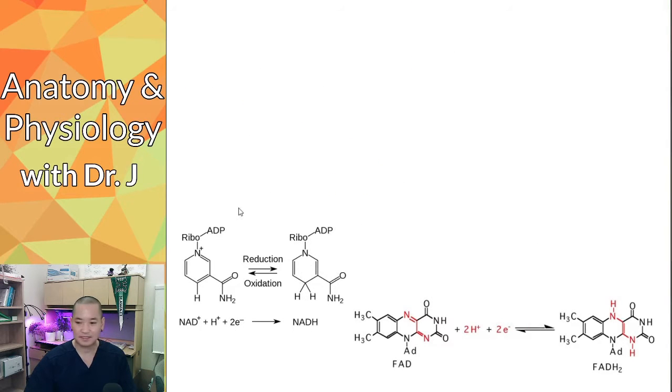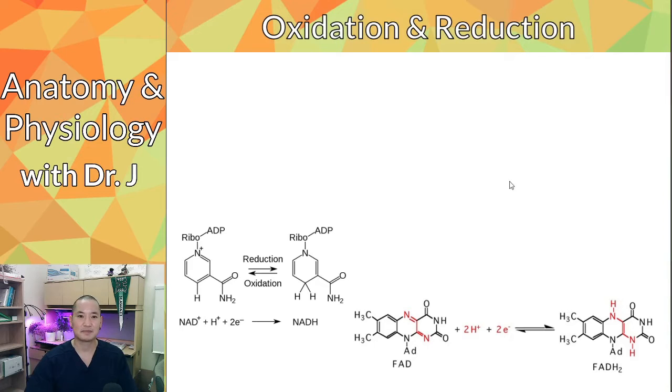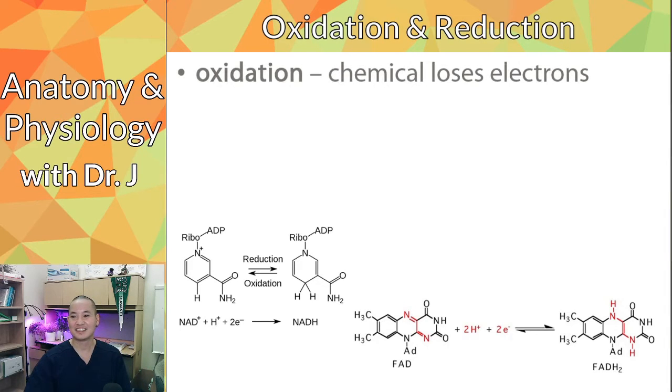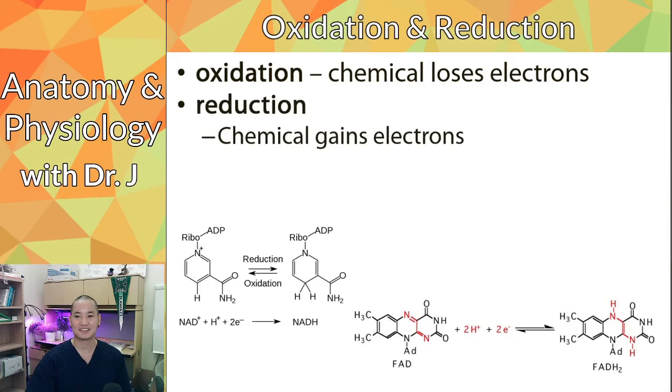Now, let's see. Okay, so this is what happens. These are the reactions that happen when they store these electrons and protons. So we have to talk about something called oxidation and reduction. And if you haven't had chemistry before, this is probably going to be like, wait, what? Oxidation is when a chemical loses electrons overall, and reduction is when a chemical gains electrons.